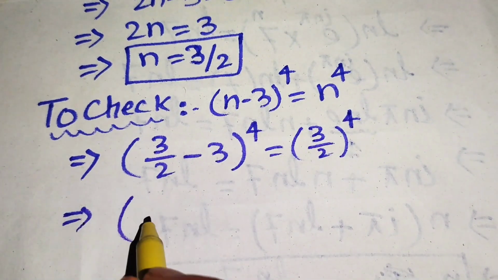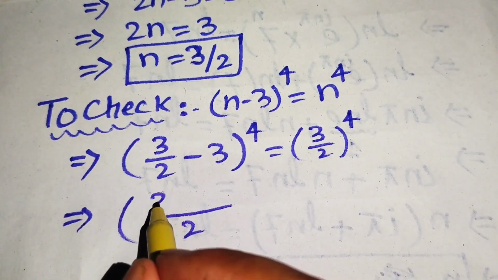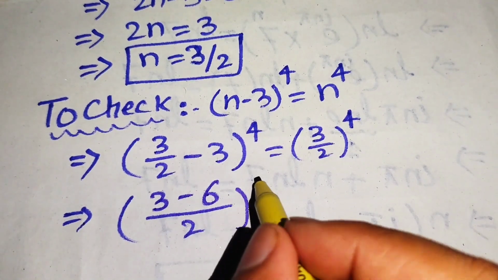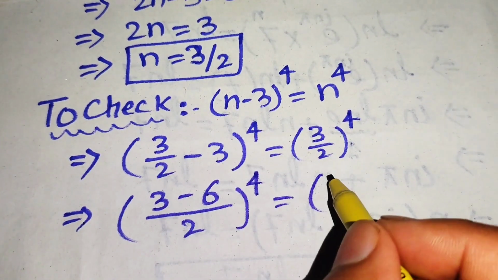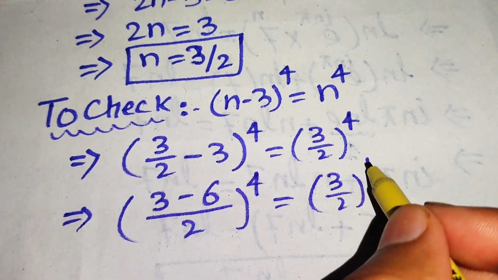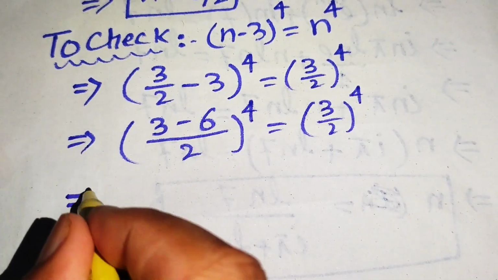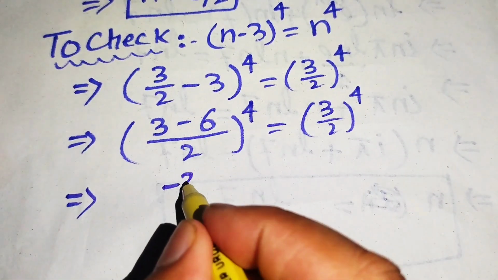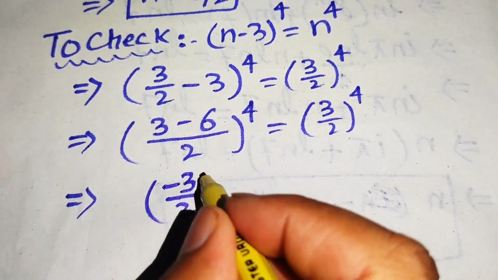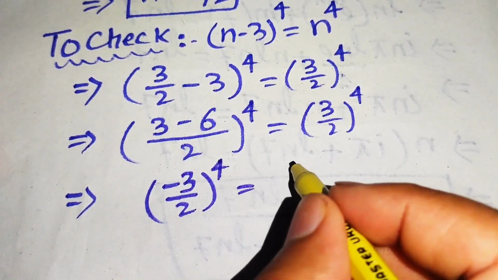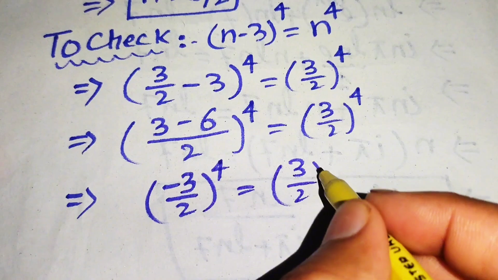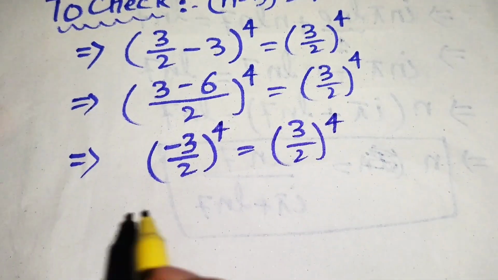Here we take the LCM and write it as ((3 − 6)/2)^4 = (3/2)^4. So 3 − 6 becomes −3, and we obtain (−3/2)^4 = (3/2)^4.